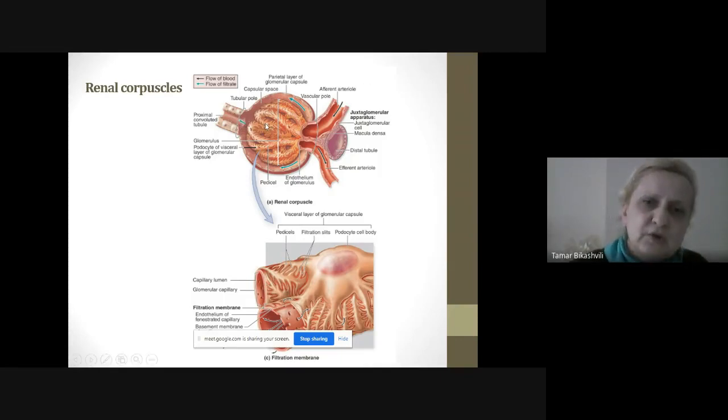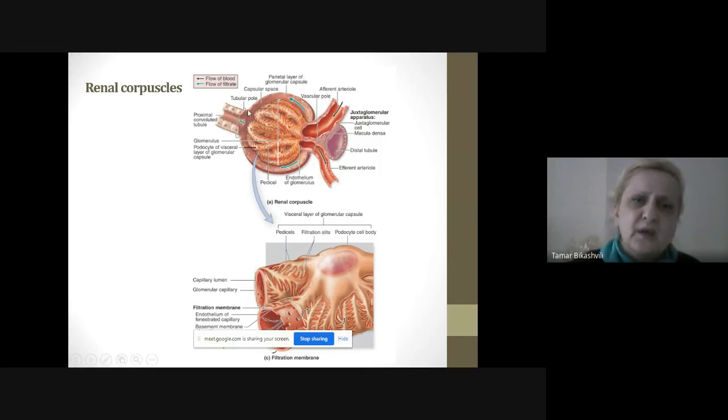So the proximal convoluted tubule starts opposite of the vascular pole. So the visceral layer and the parietal layer form the capsule, and there are two poles.